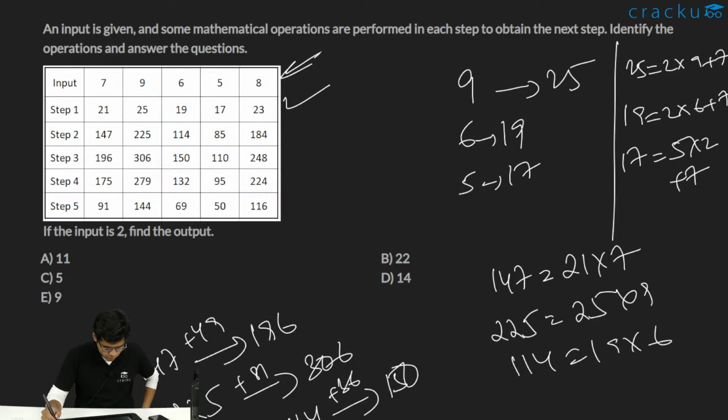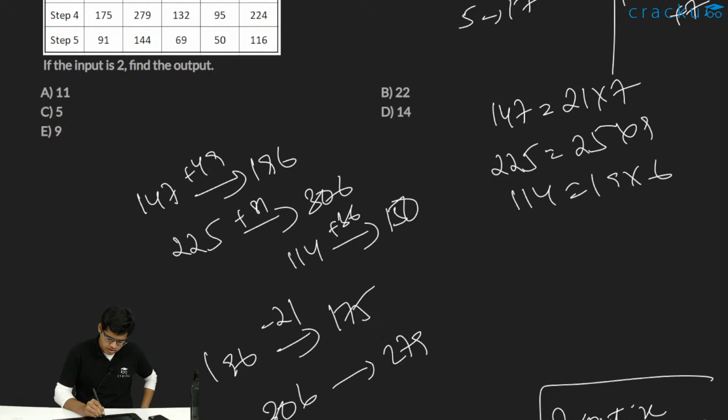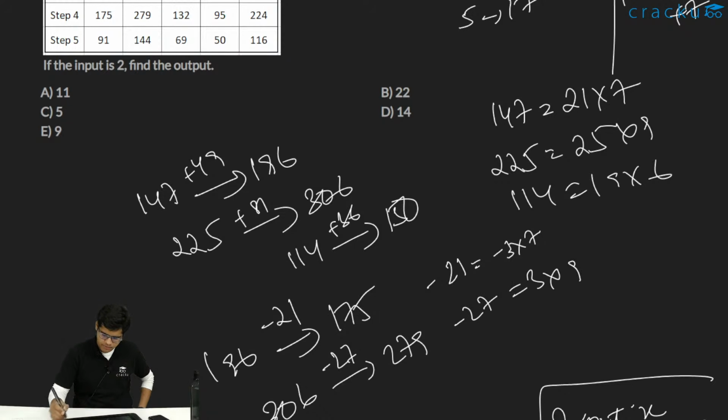Then comes step 4. 196 minus 21 is 175. 306 minus 27 is 279. What is 21? 21 is 3 into 7. 27 is 3 into 9.